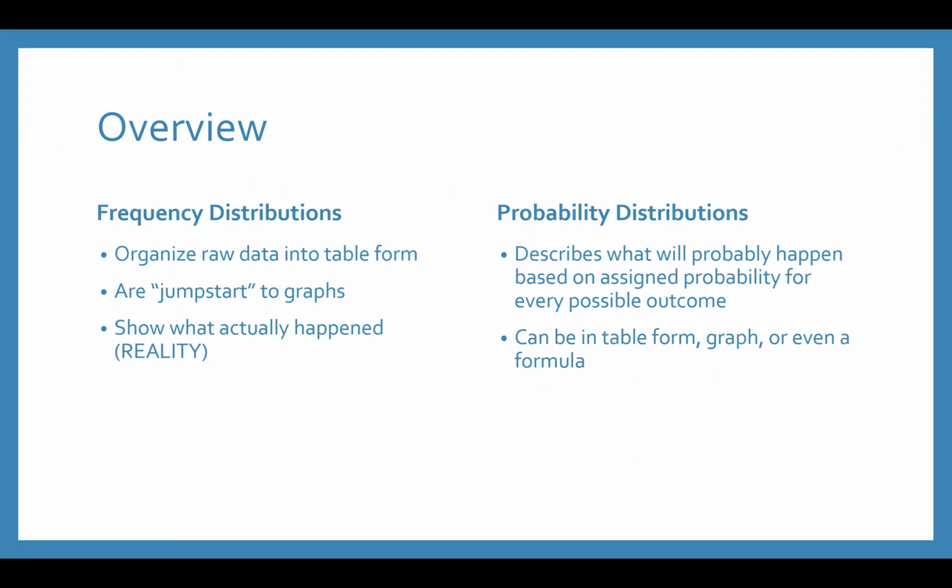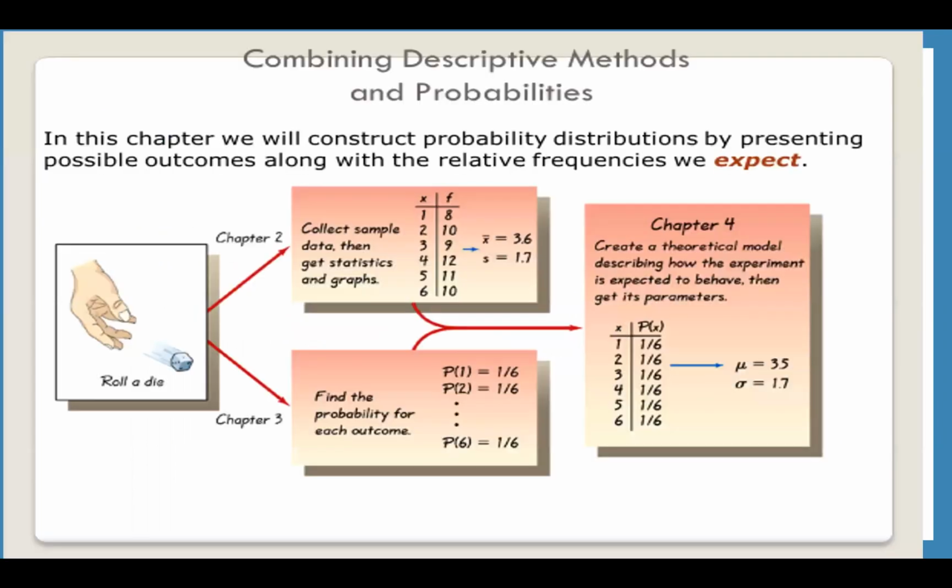You can see a probability distribution in a table form similar to what I just drew. It can also be in a graph form, and there are formulas for calculating probability distributions. And so we're going to focus on probability distributions. This particular diagram actually came from a different textbook from years ago, but again, it gives you that idea of, okay, earlier lessons, we talked about how we could collect the sample, roll the die so many times and record how many times we get a 1, a 2, a 3, a 4, a 5, or a 6.